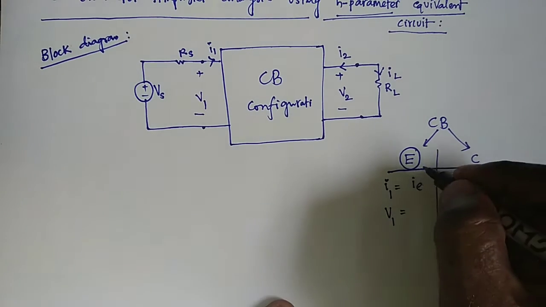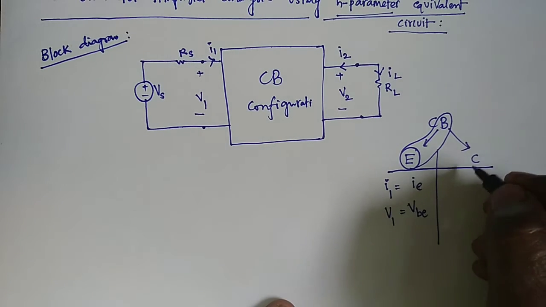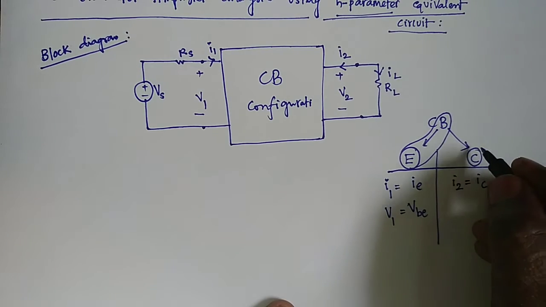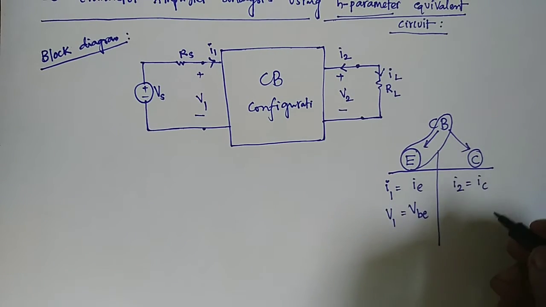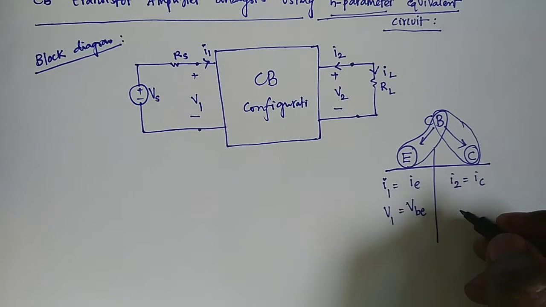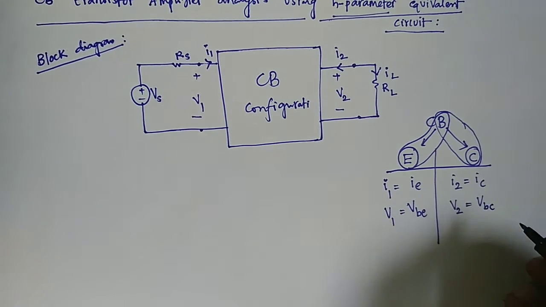V1 is equal to VBE. Output current I2 is equal to IC. If it is represented as a circle, that is the current. If it is represented between two terminals, that value is voltage V2, that is the VBC value.